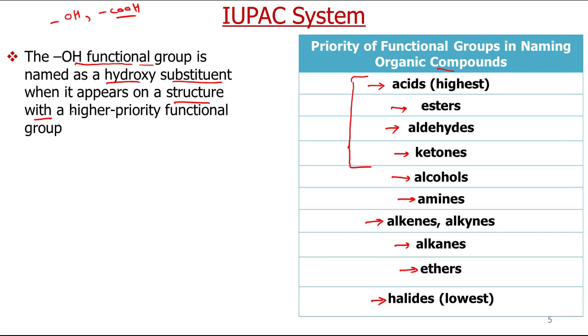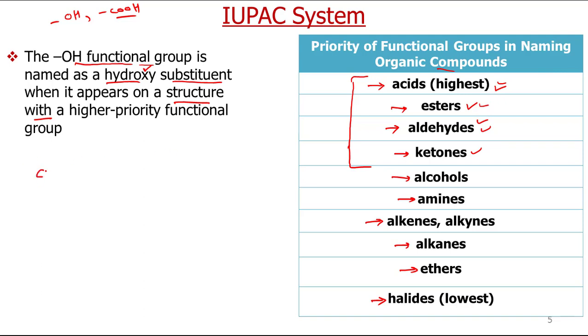So what I mean to say is that if in addition to alcohols one of these functional groups is present, then while naming alcohols we will use the prefix hydroxy, and we will not use the suffix ol, because we will use the suffix for the other functional group. Let us understand this by a simple example.